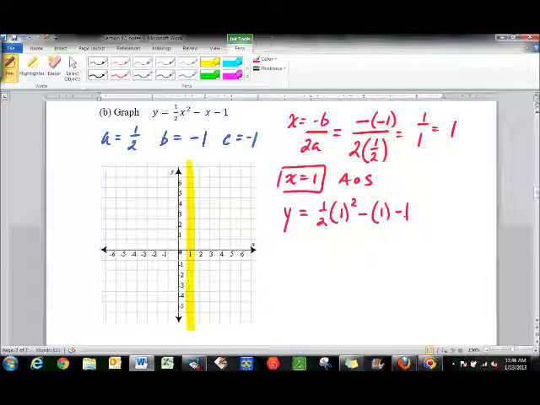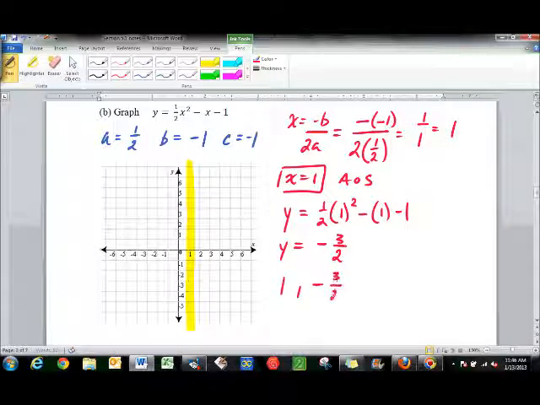So then from here, I'll do my order of operations, and I come out with -3/2. So I have a vertex of (1, -3/2).